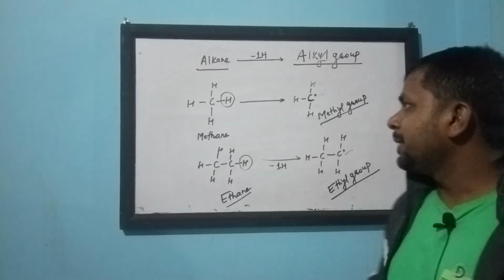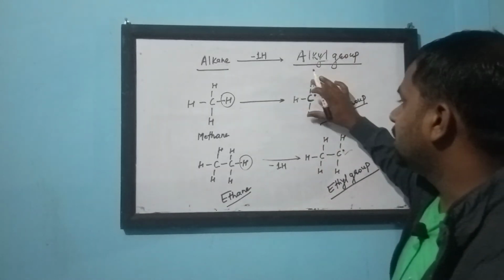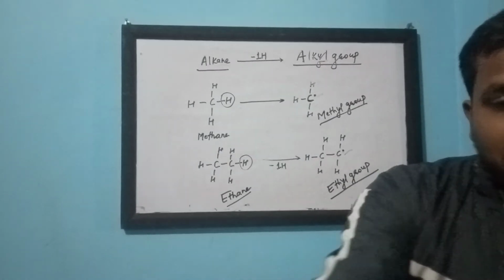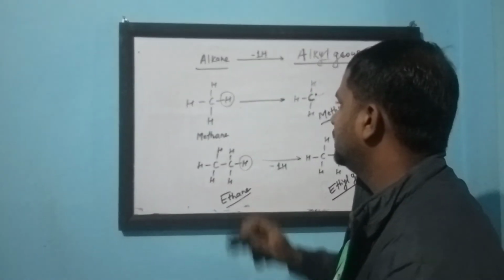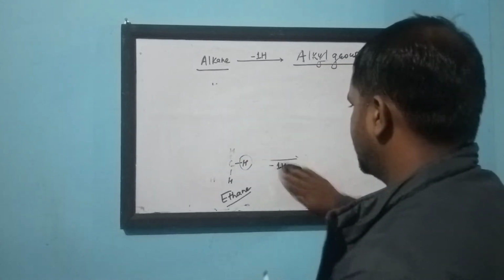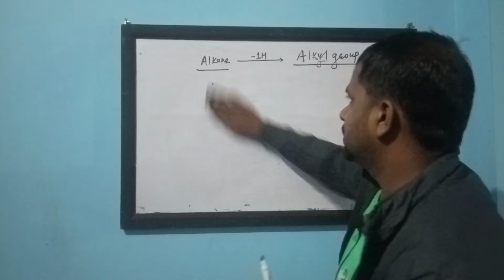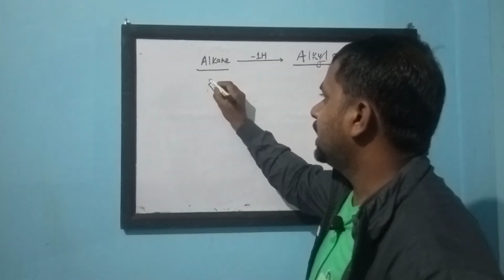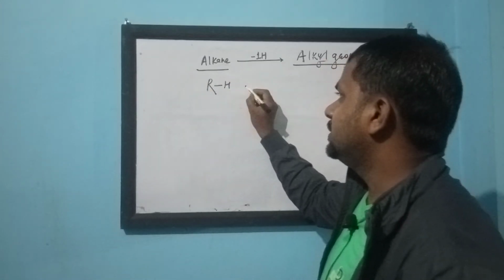This alkyl group can also be represented like this. Suppose we are representing the alkane like this, R-H.